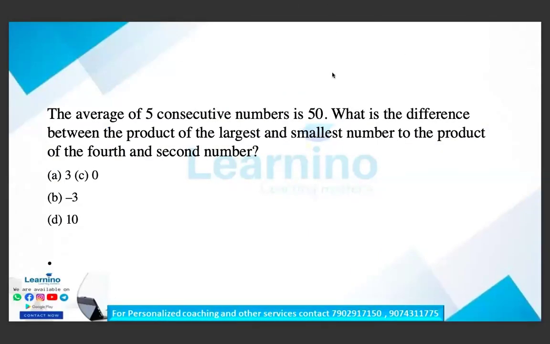Average of 5 consecutive numbers is 50. What is the difference between the product of the largest and the smallest number and the product of the fourth and the second number? Here the average of 5 consecutive numbers is 50, so 48, 49, 50, 51, 52 will be the numbers. Average will be the middle term.